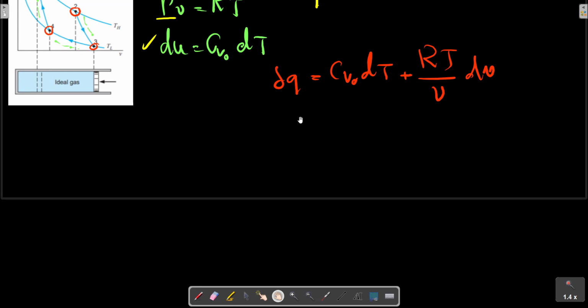The shape of the two isothermal processes is shown in the figure.